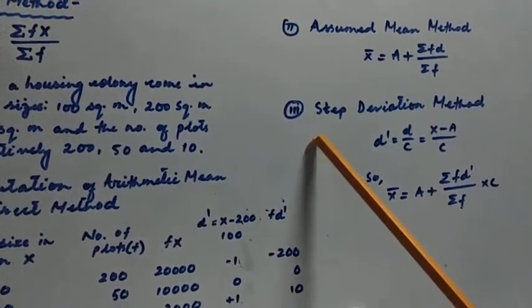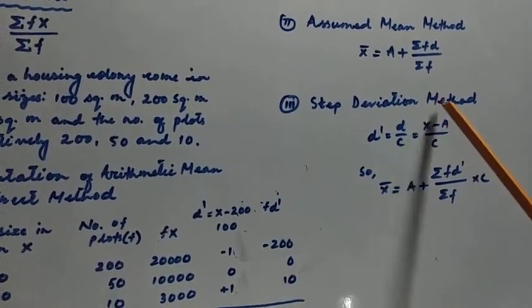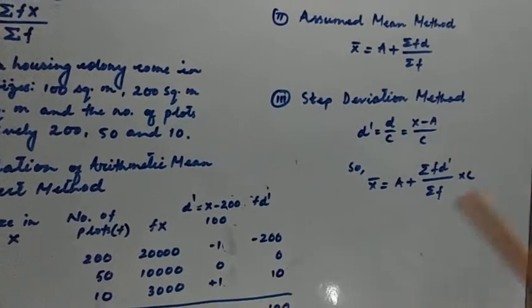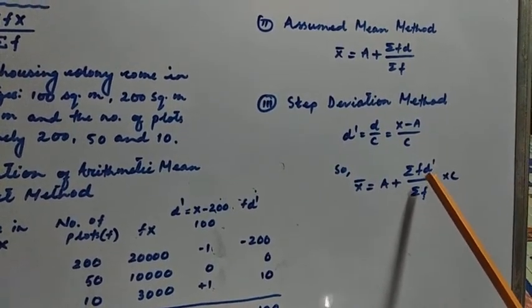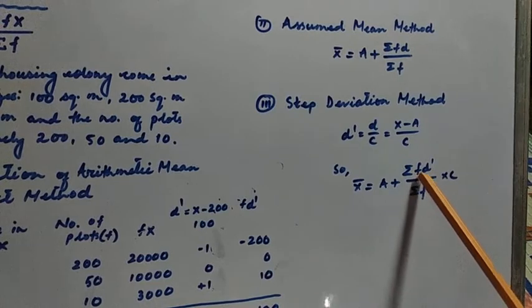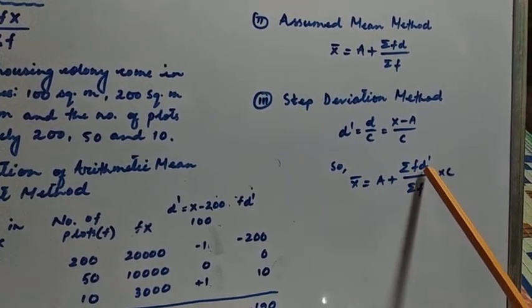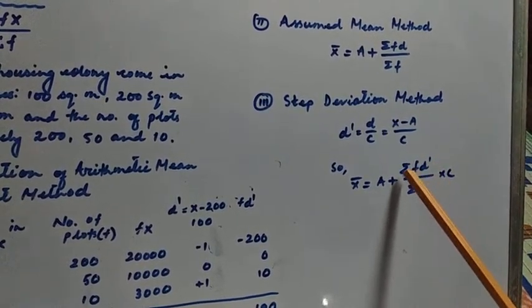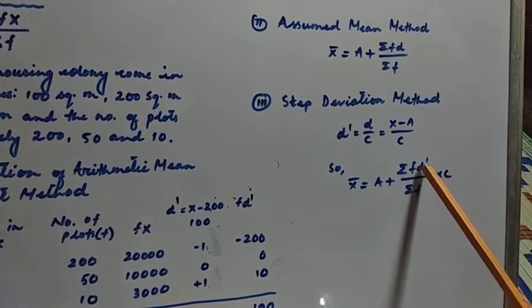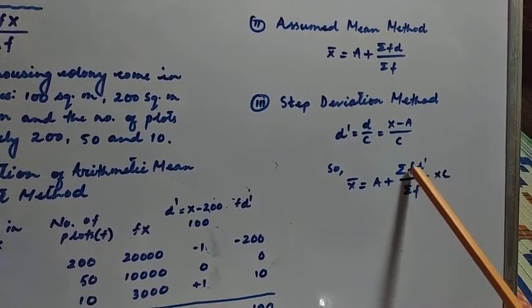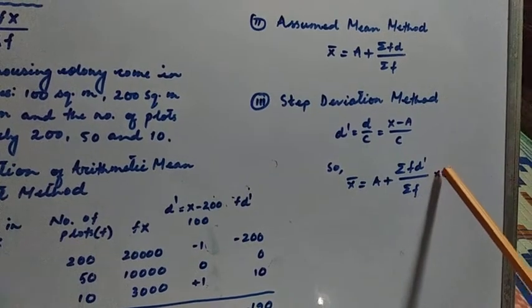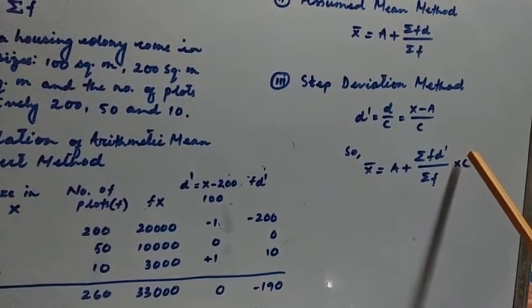So coming to the last one, that is step deviation method. What you have to find is d dash and then summation f, and when you have found d dash, you multiply f d dash, find the summation of f d dash, and multiply by the common factor.